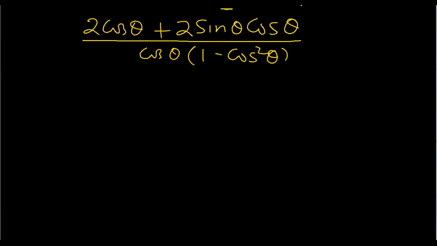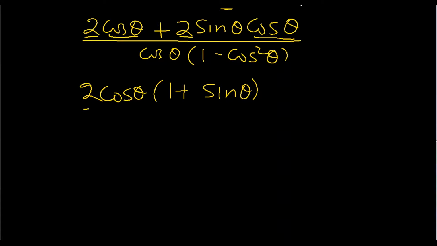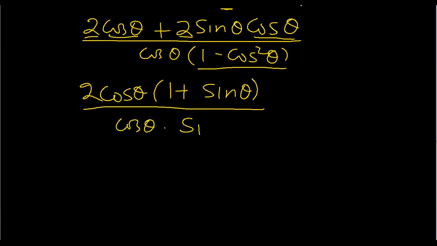All right. Now this has cos theta, this also has cos theta. Let's take it common, and both of them have 2 also. 2 will also be common. We are left with 1 plus sin theta here, isn't it? Now divided by cos theta, and 1 minus cos square theta is a very famous identity.